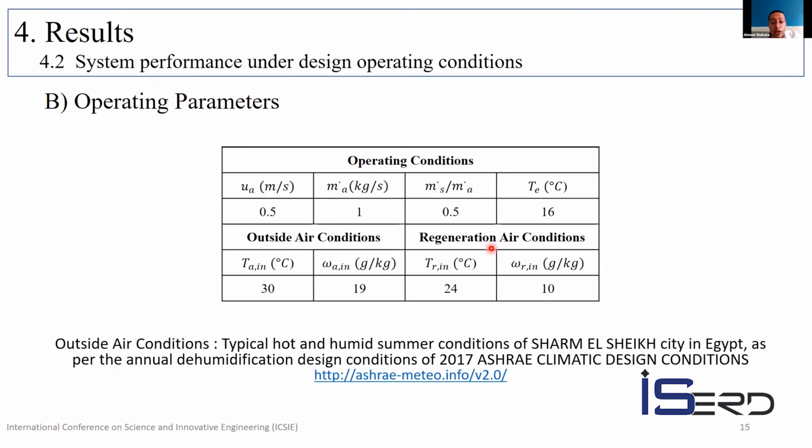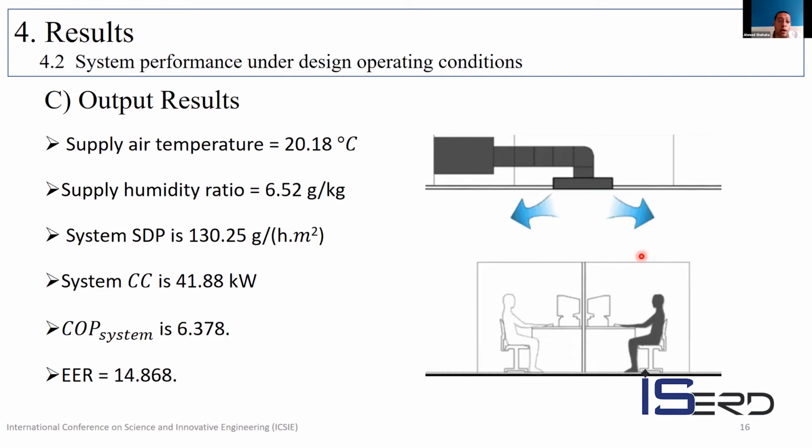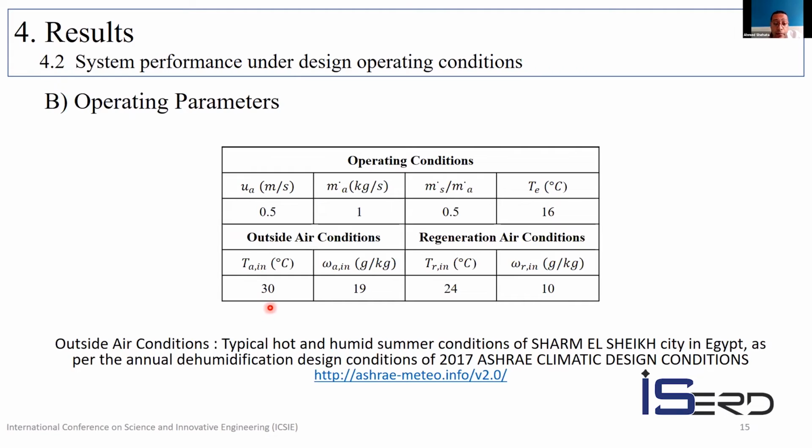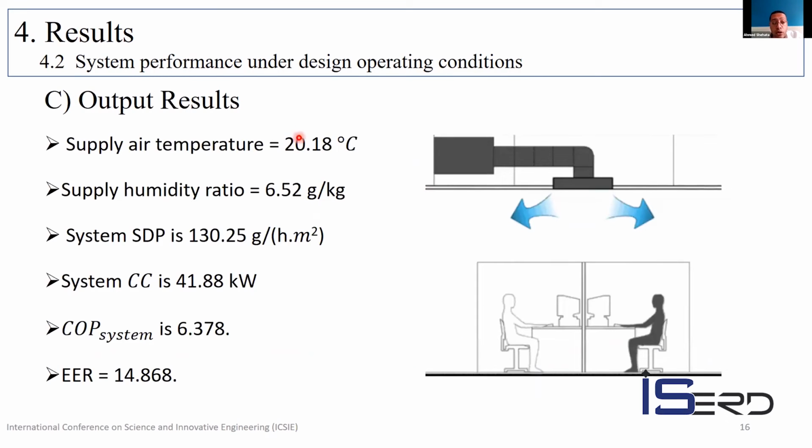For these conditions, which are the design conditions, the conditions where we designed this system, these are the results. The results are very significant: from 30 degrees Celsius and 19 grams water per kilogram air humidity, we reached 20 degrees and 6.5 grams per kilogram humidity. System specific dehumidification power is 130 grams per hour per square meter.